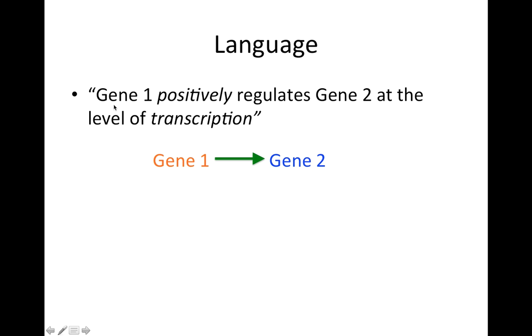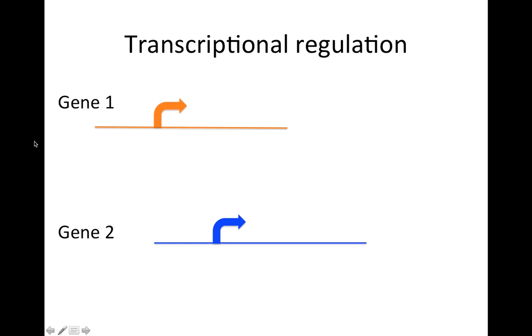Okay, and so the way we're going to talk about this is gene 1 positively regulates gene 2 at the level of transcription. That means gene 1 is expressing a product that is regulating gene 2, either positively or negatively, and it's regulating the degree of transcription of gene 2.